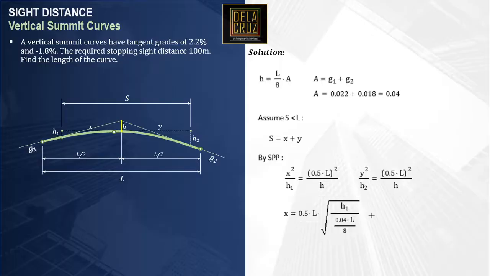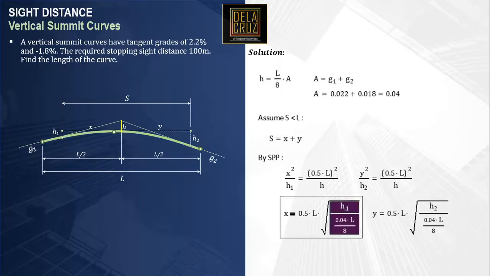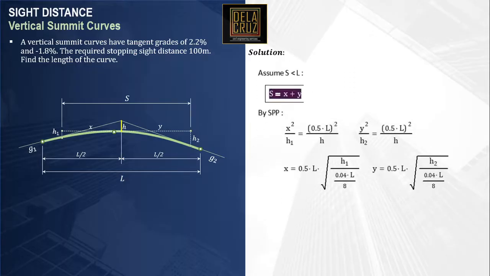Similarly, we can also have Y is equal to, actually this is the same, no? To this one. But this is H2. Okay? Similar derivation for that. Okay, so you can simplify this further, but I will not do it here. Okay. Now, following this equation here, we can have S as 100 meters.